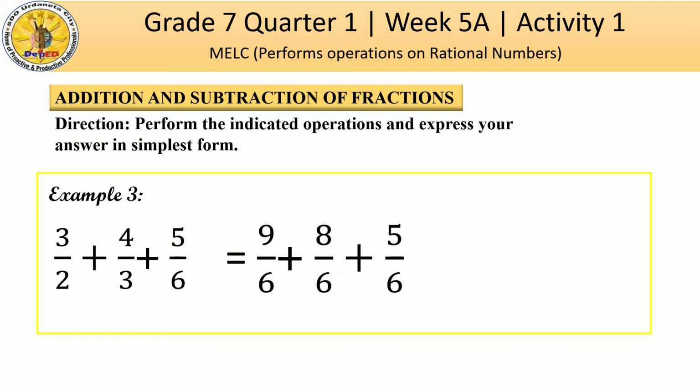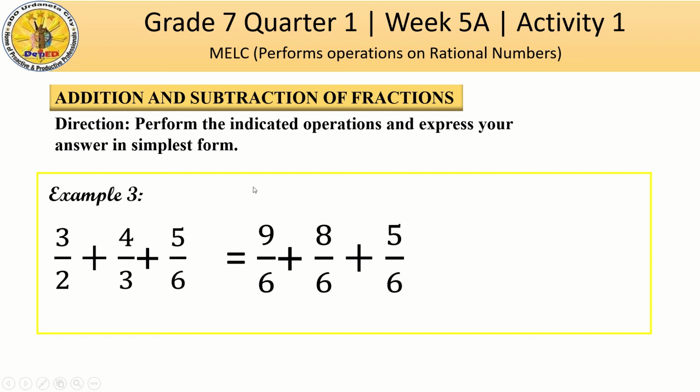The LCD of these 3 numbers is 6. We have here 6 divided by 2 is equal to 3, times 3, we have there 9. 6 divided by 3 is 2, times 4 is equal to 8. 6 divided by 6 is 1, times 5, we have there 5. Did you get it?